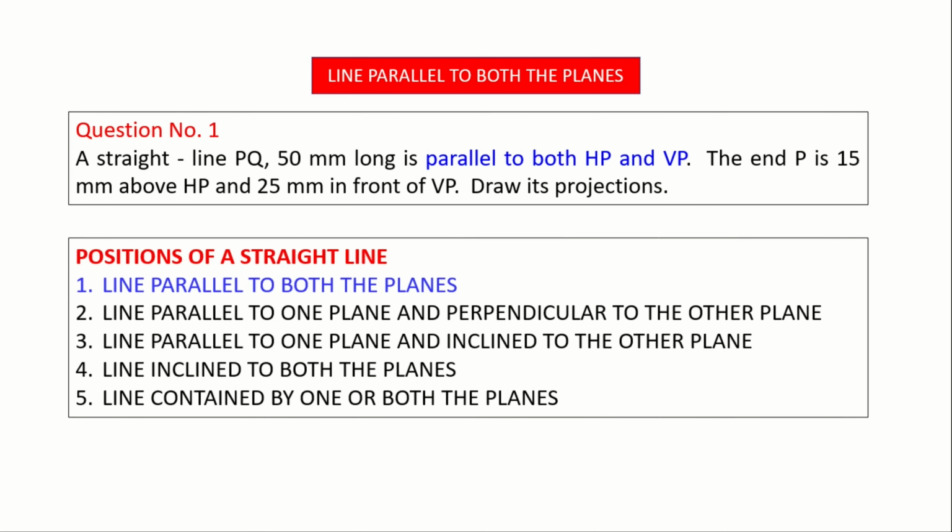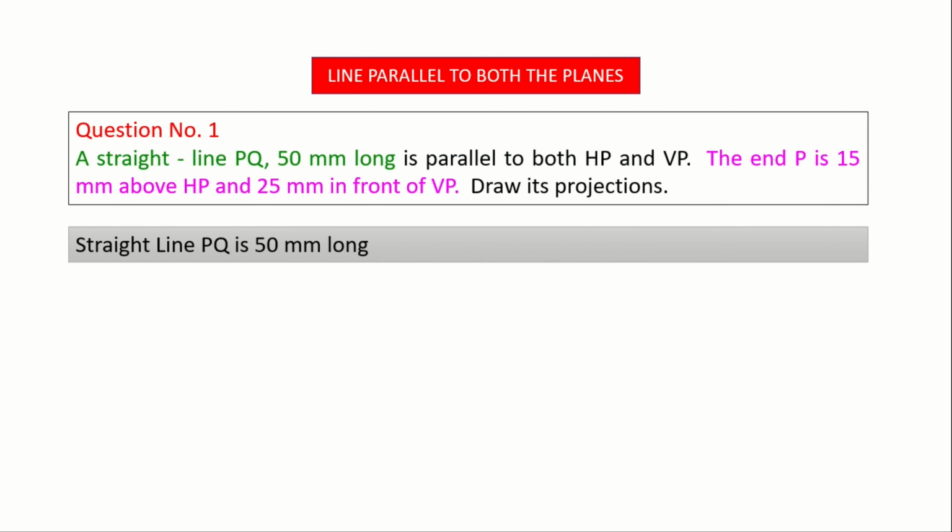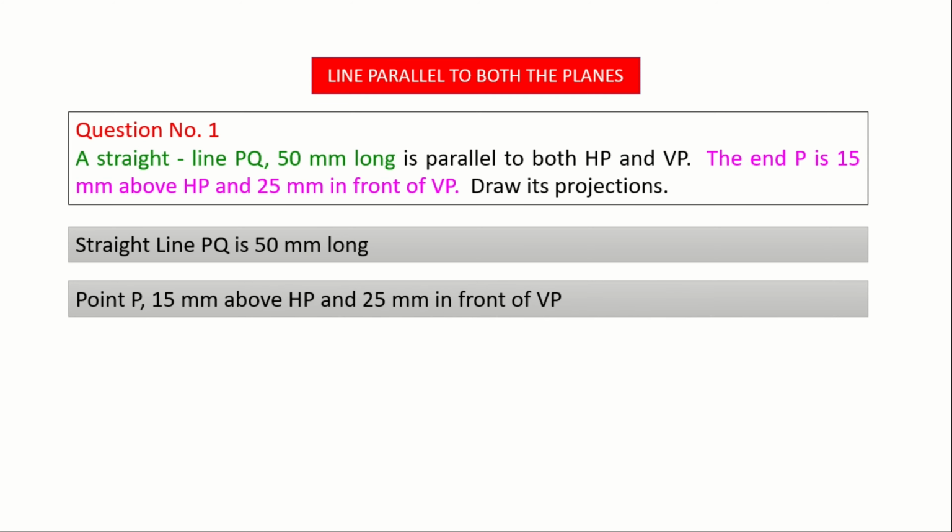Therefore, the position of the straight line given is: the line is parallel to both the planes. Also, we know that the straight line PQ is 50 mm long. The true length of the line PQ is 50 mm. The end point P is 15 mm above HP and 25 mm in front of VP.